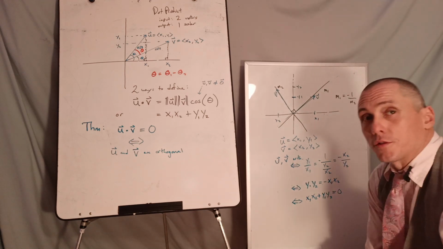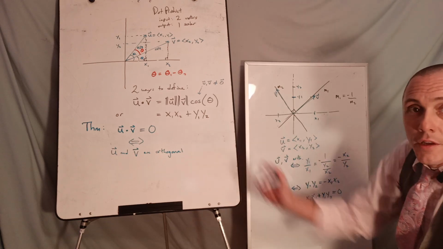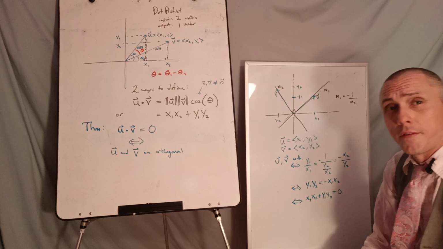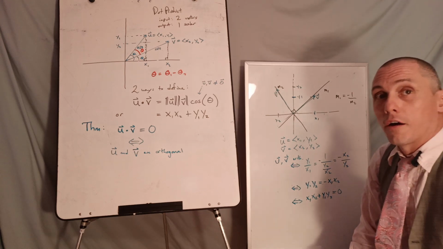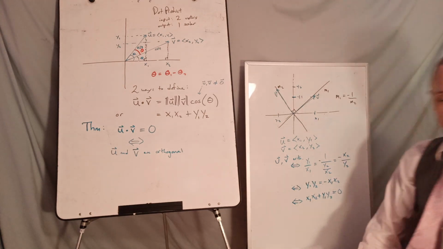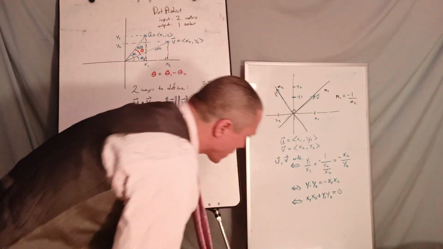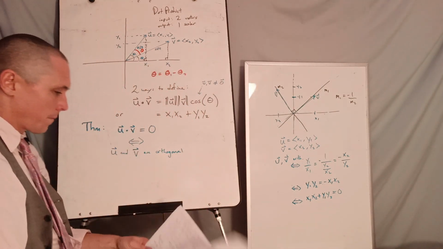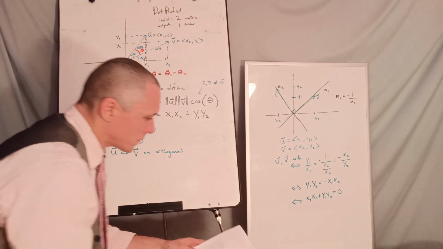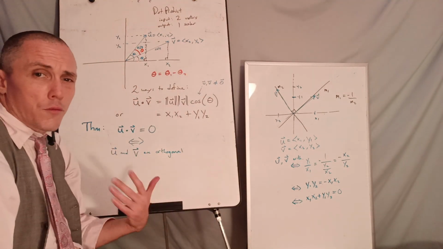So there you have it, two different ways of seeing that this is actually a true statement. The dot product will tell us exactly when two vectors are at right angles to one another.